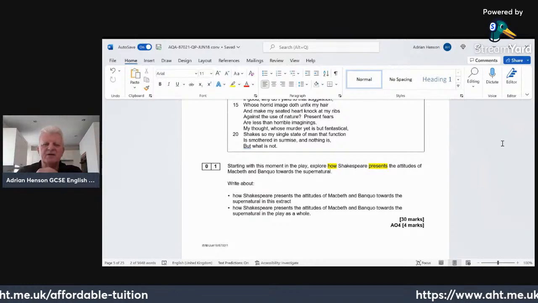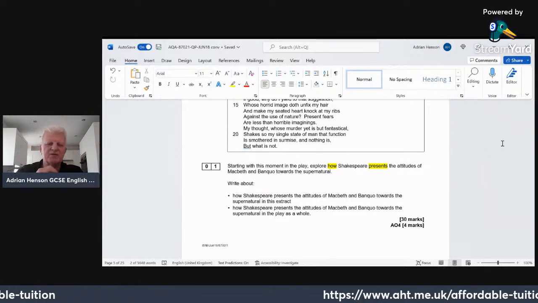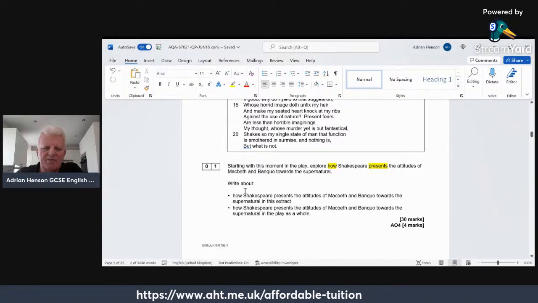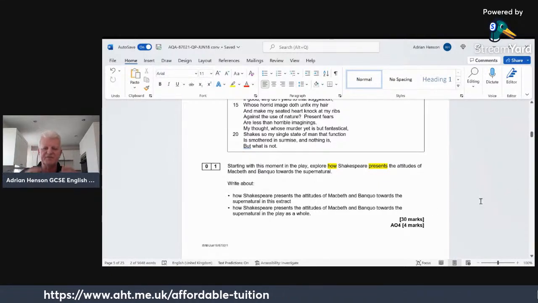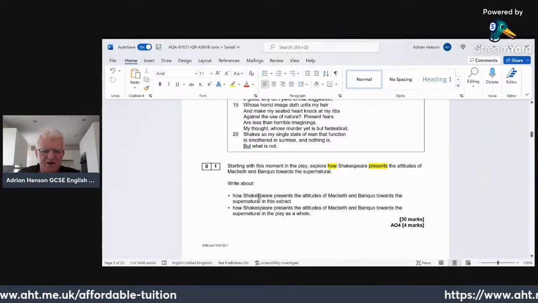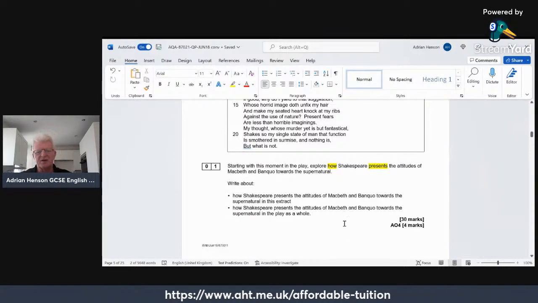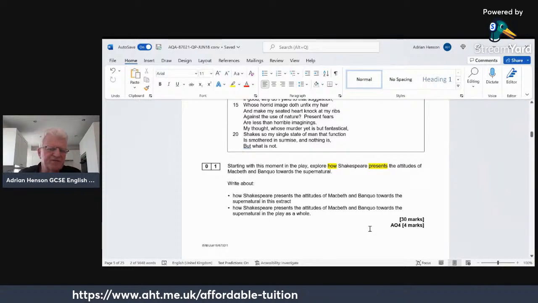So get some quotes relevant chronologically throughout the play, because once you've done the 15 mark part on the extract, it then asks how does Shakespeare present the attitudes of Macbeth and Banquo to the supernatural in the play as a whole? And again, you're trying to get 15 marks for that.